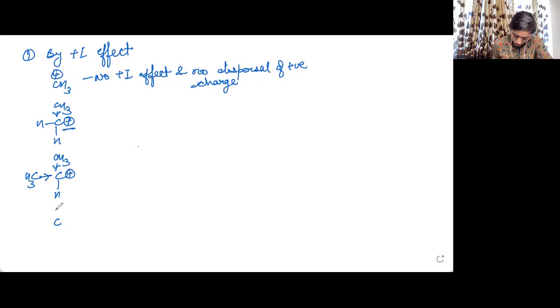In the tertiary carbocation, the positive charge is dispersed by three alkyl groups. This means there will be more relief to the positive carbon, so it will be the most stable. You just need to tell what will be the order of stability of the primary, secondary, tertiary carbocation intermediates. Fair enough? I think you should be able to do that.